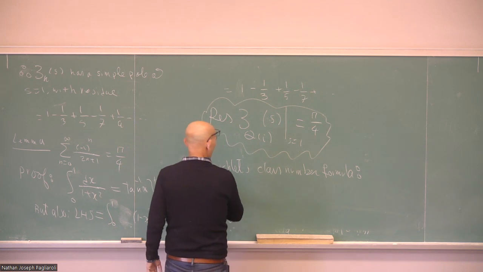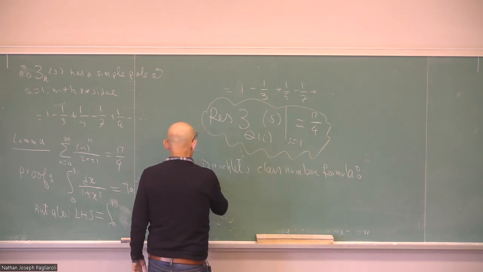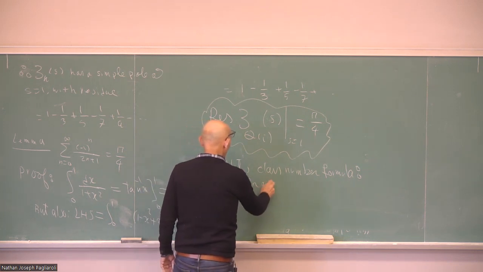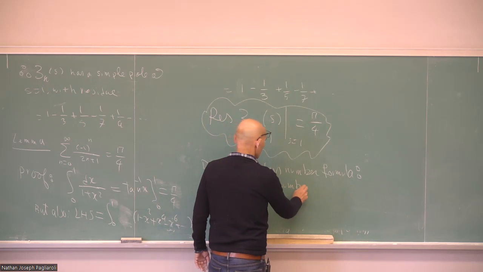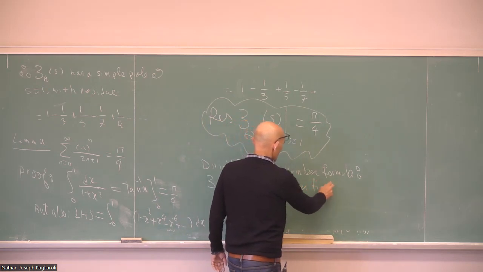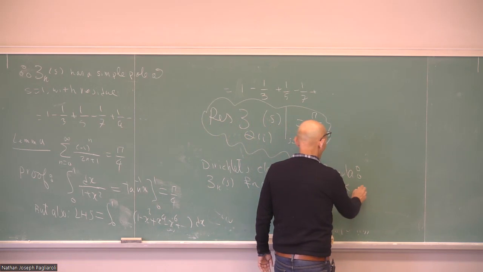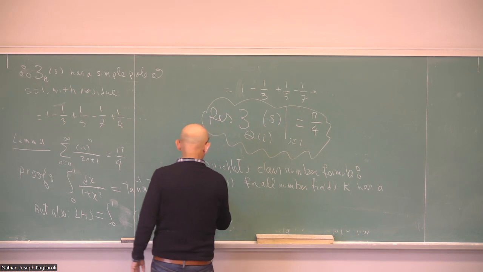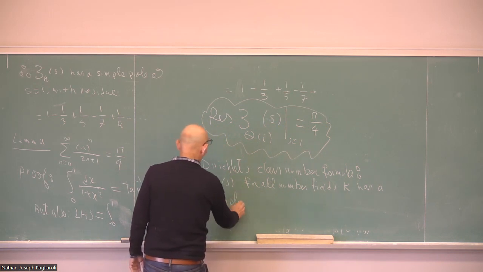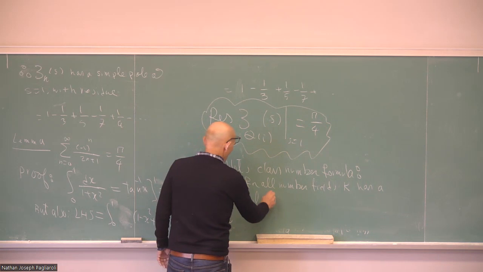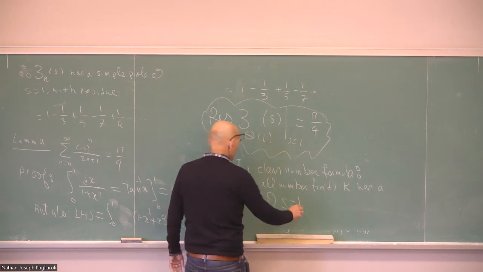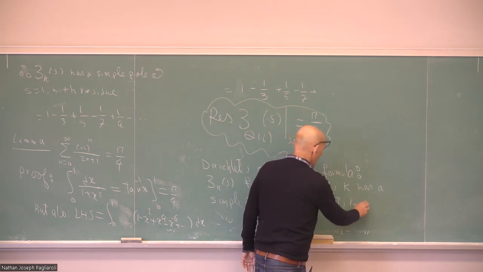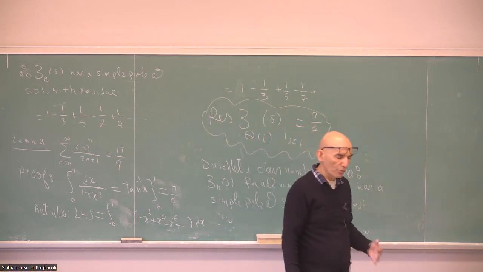First of all, zeta K(s), for all number fields K, has a simple pole at s equal to 1, and its residue, there is a general formula.